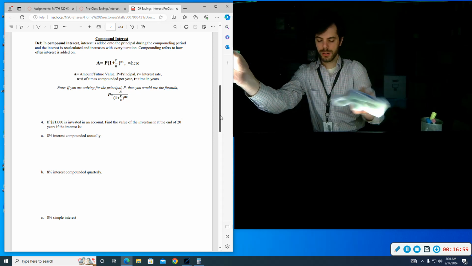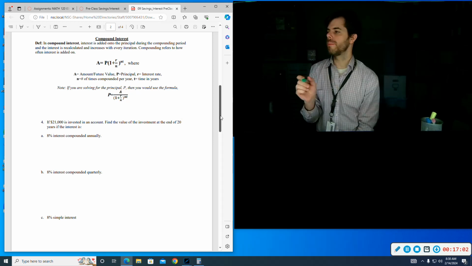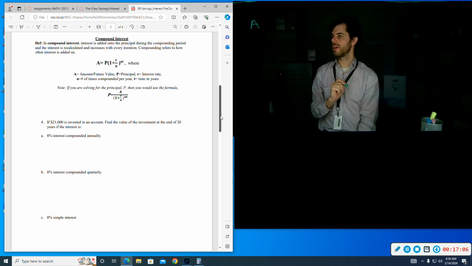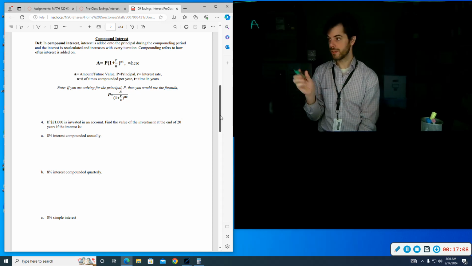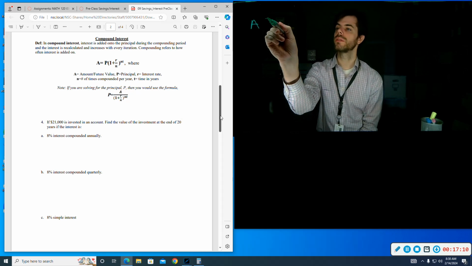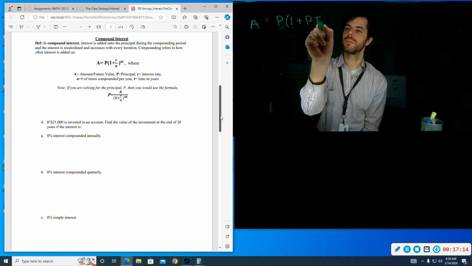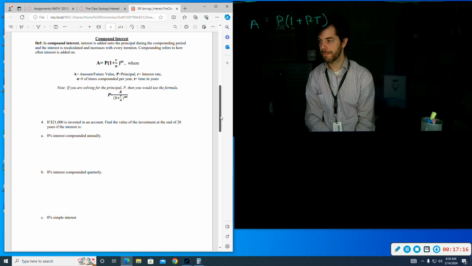So, let's write out the formula for simple interest, right? Here's the formula that we learned for simple interest.